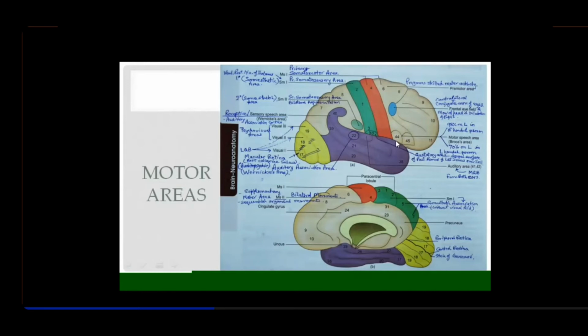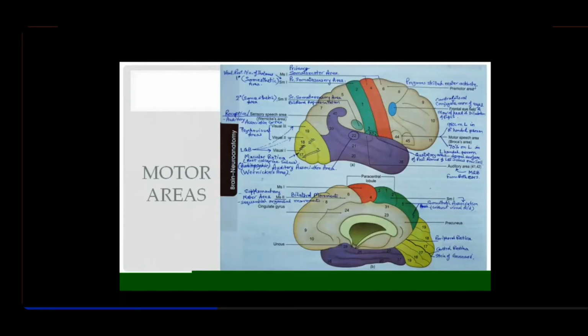And the area between the posterior ramus and the anterior ascending sulcus is called pars opercularis. So pars opercularis is area 44 and pars triangularis is area number 45. Together they are area number 44, 45. Together they are called Broca's area, and they are part of the inferior frontal gyrus. Got it? Now this is the area which is predominantly active in the left cerebral hemisphere.